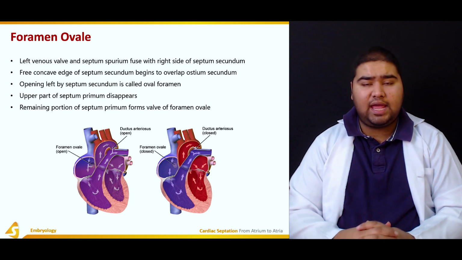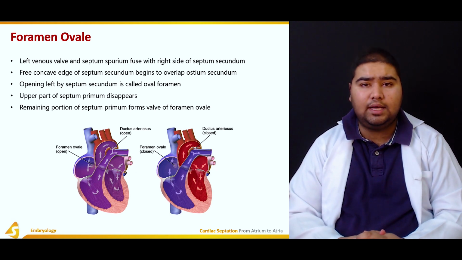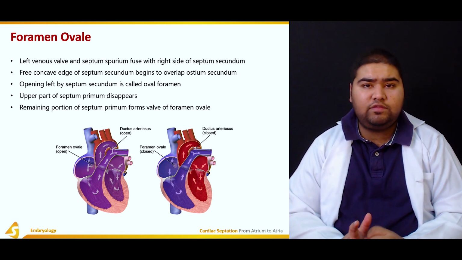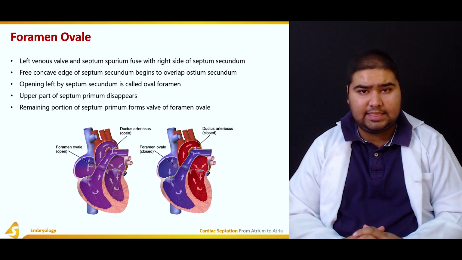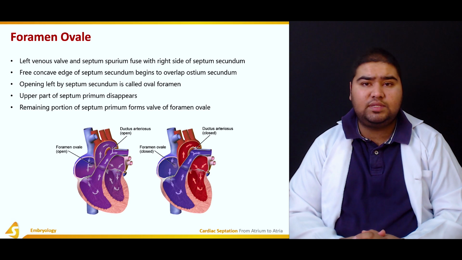Now the free concave edge of the septum secundum approaches the ostium secundum, which was present in the septum primum. It covers it, and the upper part of the septum primum completely disappears. The remaining portion of the septum primum forms the valve of the foramen ovale.